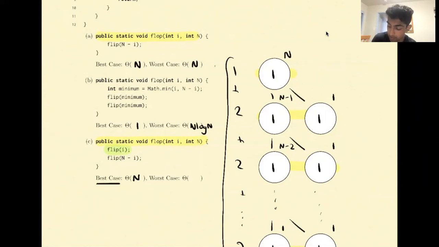So if the best case is theta of n, and we're considering this definition of flop with one more recursive call, we know that if we have a situation that takes n time, we can safely say that indeed is the best case because we can't do better than n, right? The reason we can't do better than n is that if we look at the same flop definition without one of the recursive calls, it still takes n time, right? So we know that this indeed is the best case, okay?